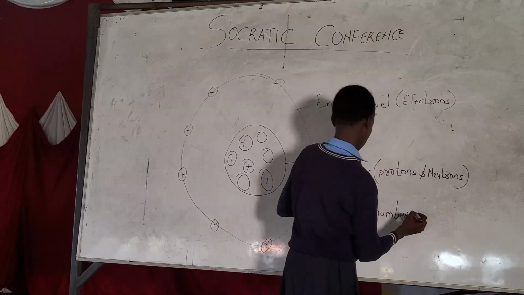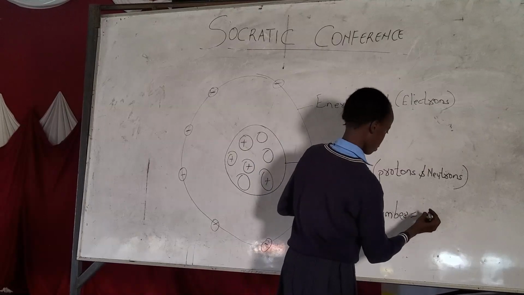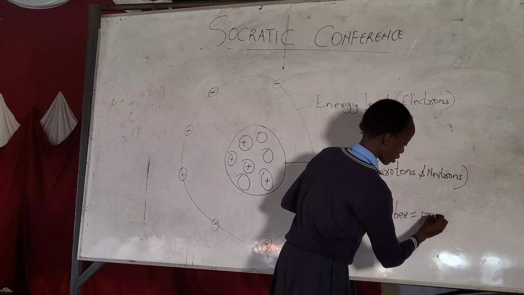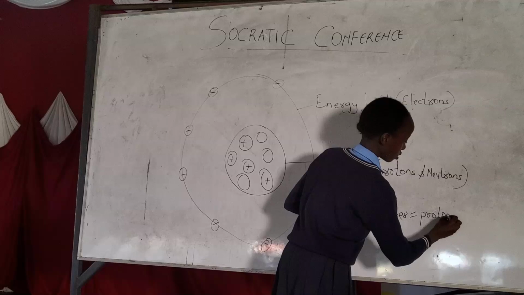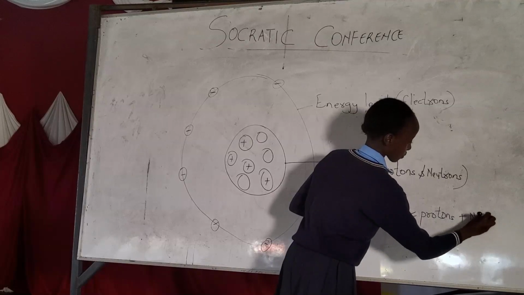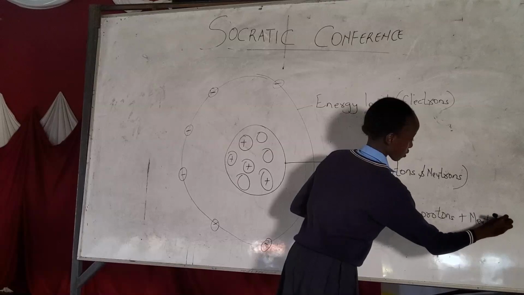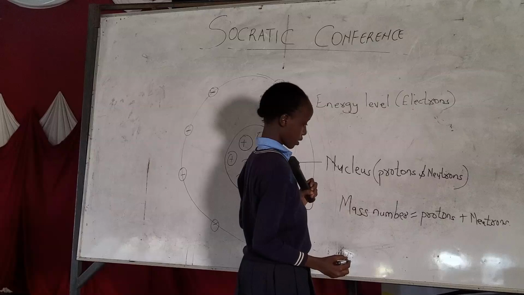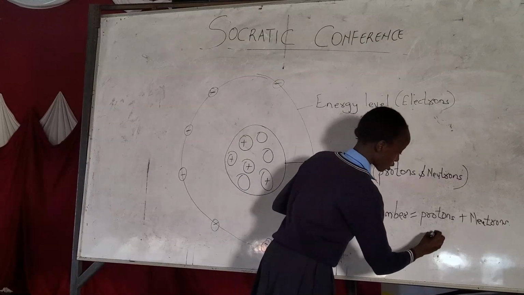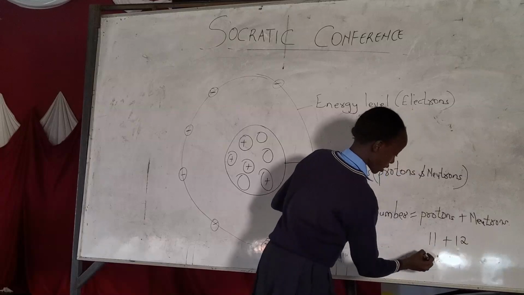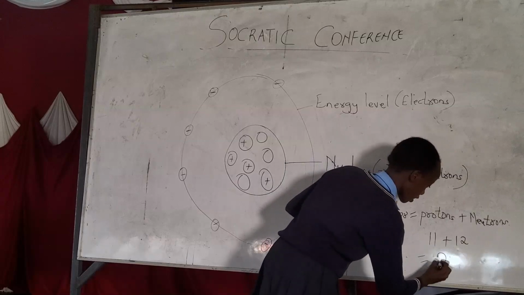Where we can do the mass number of sodium: mass number is equal to the sum of protons and neutrons. So for example, sodium has 11 protons and 12 neutrons, so it has a mass number of 23.